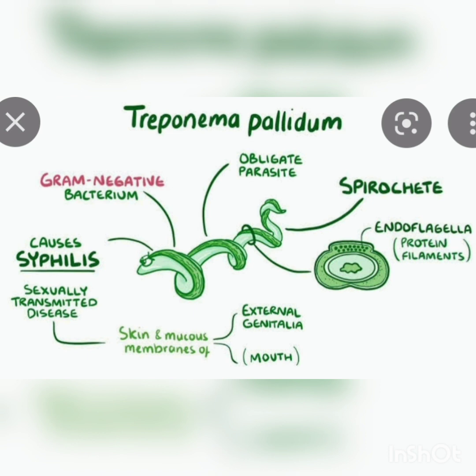It is a painless, avascular, circumscribed, indurated, superficially ulcerated lesion. It is covered by a thick exudate which is very rich in spirochetes. The spirochetes, that is Treponema pallidum, are very large in number in that thick exudate.